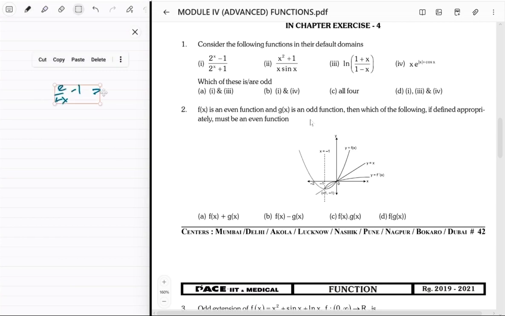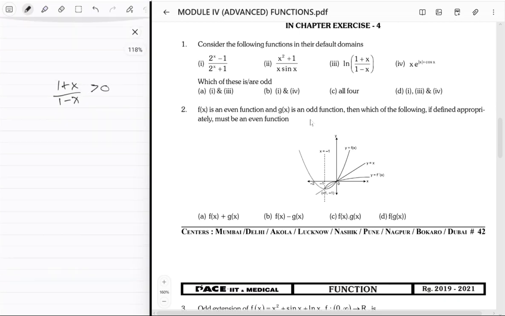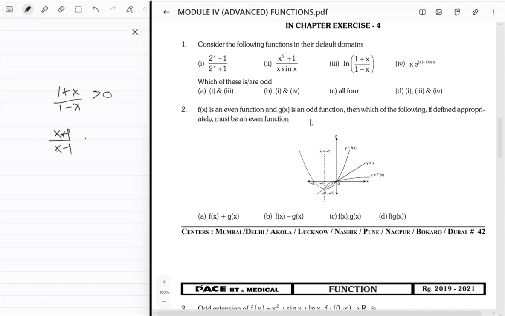Maybe this is not the best way to do it. Maybe the original form was the best way. So x plus 1 upon x minus 1 is negative, so x belongs to negative 1 to 1, both not inclusive. So that's this domain.